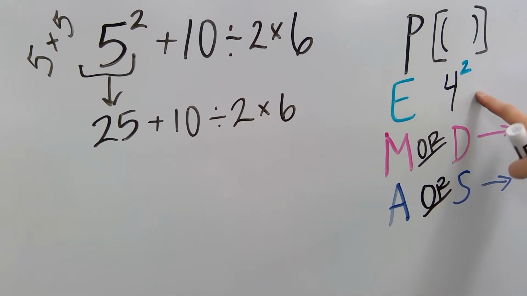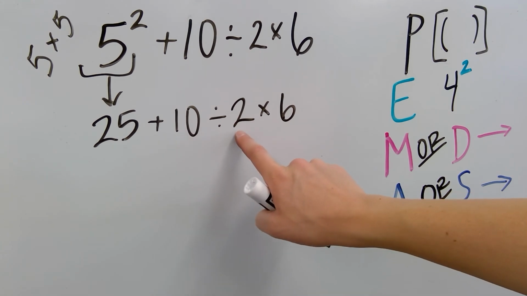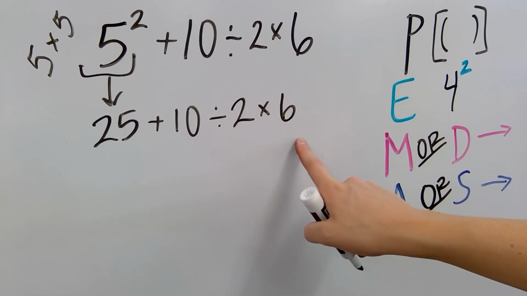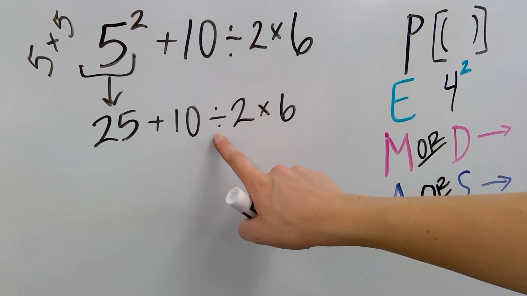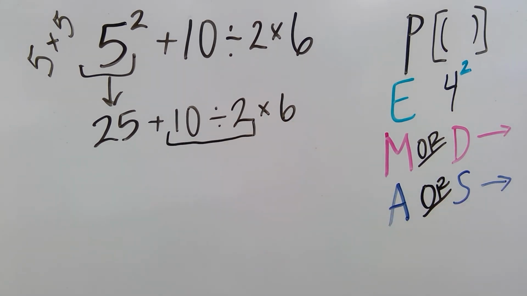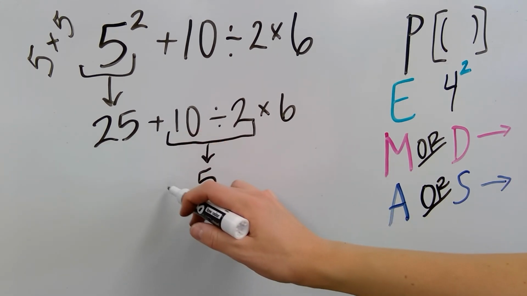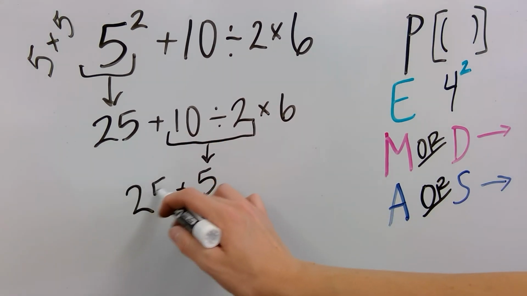And I am done with my exponents, so I move on to multiplying or dividing, whichever comes first. So I have 10 divided by 2, and I have 2 times 6. But because the dividing comes first, I need to do that first. 10 divided by 2 equals 5. Rewrite the rest of my problem.